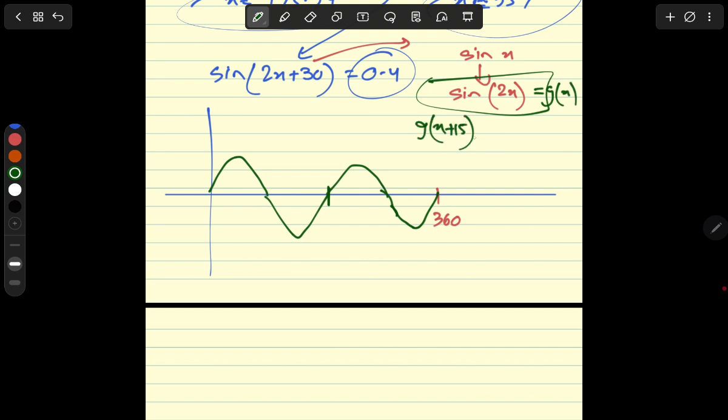So instead of x, we will write x plus 15. So this becomes sine of 2 times x plus 15, which is 2x plus 30, right? Now, if it is plus 15, our curve is going to move 15 units to the left, and this is our actual curve that we are looking at.